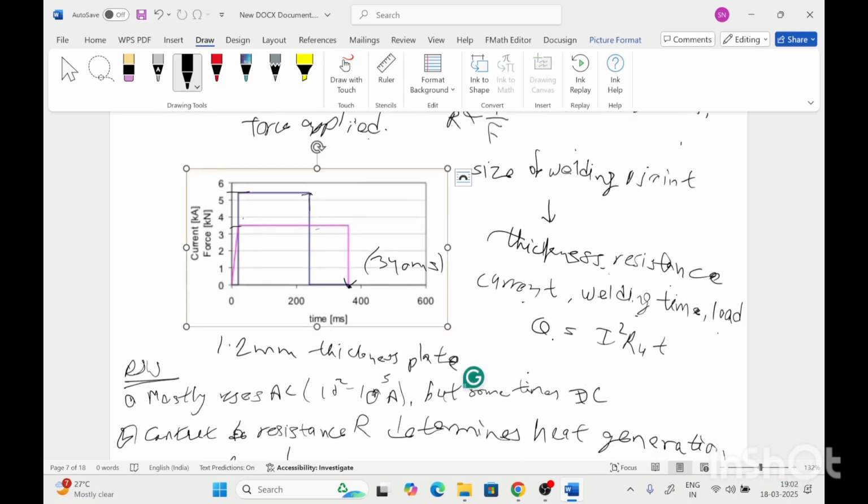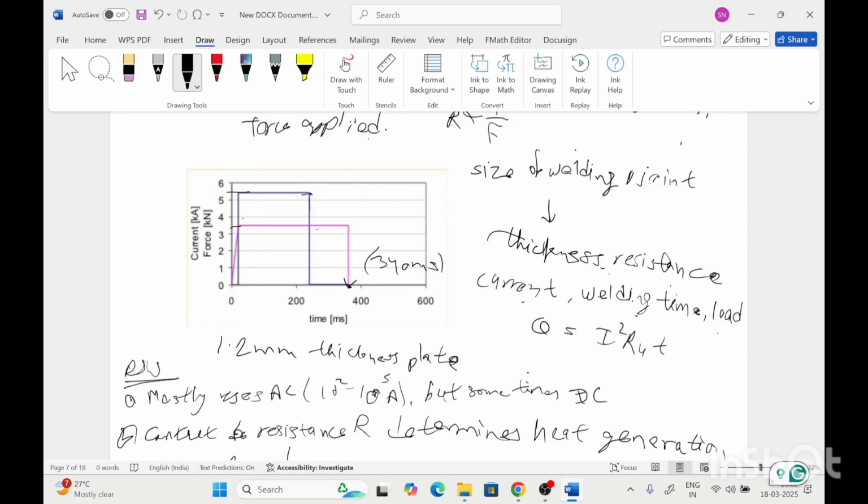So the heat generation term can be written as I square R4 T. And this diagram is for the 1.2 mm thickness plate spot welding.